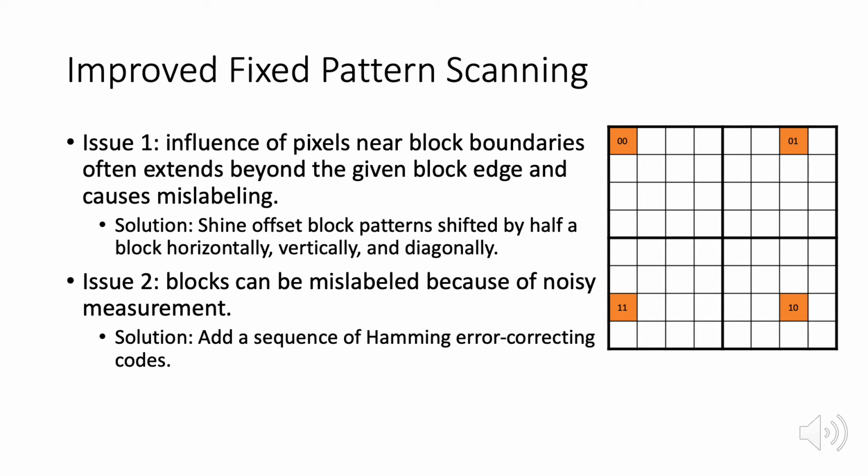For issue 2, blocks can be mislabeled due to noisy measurements. The authors adopted Hamming code to correct this. Regarding Hamming code, I'm not able to tell the whole story, but I can say it's widely used in computer systems to correct bits.